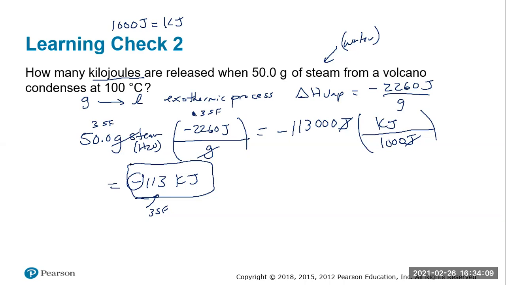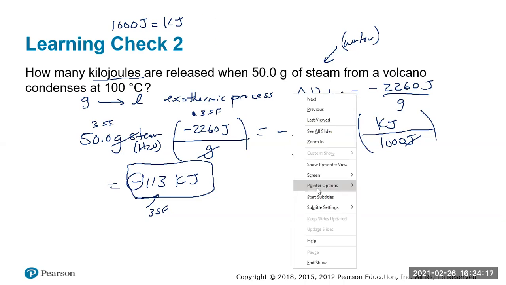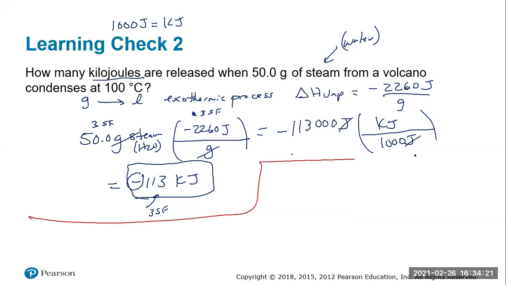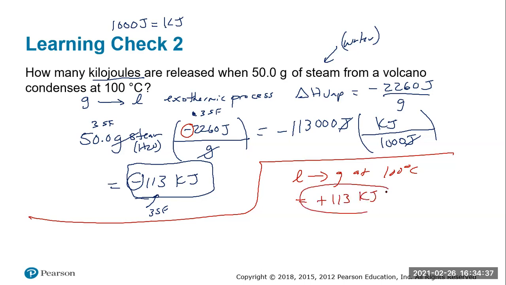And just like the previous calculation we talked about, if we were going the opposite direction, in this case looking at it going from liquid to gas at 100 degrees Celsius, everything would be the same, except again, this would be a positive number, which would yield us positive 113 kilojoules of energy.